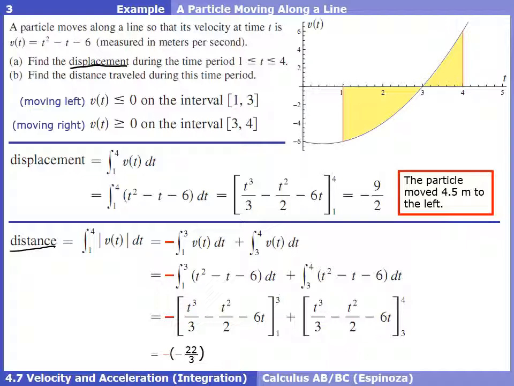When you plug in the 4 into the second part, and you plug in the 3, and subtract those two values, again, you might want to pause and make sure you can get these values. You'll get 17 over 6. When you combine those two values, you get 61 over 6, or in this case, this particle approximately moved 10.167 meters in total.